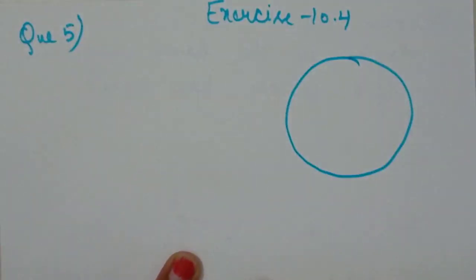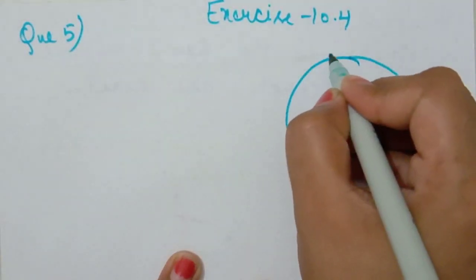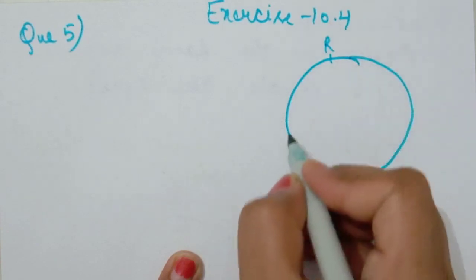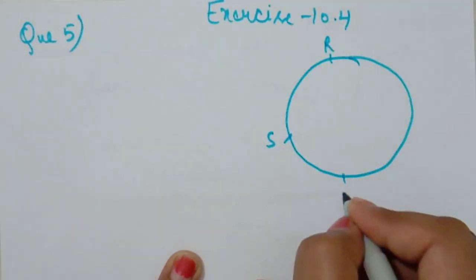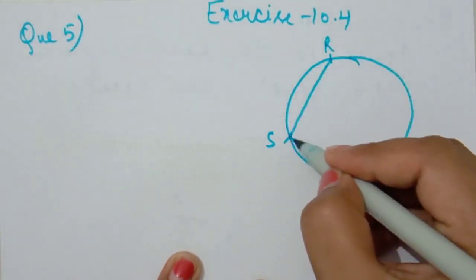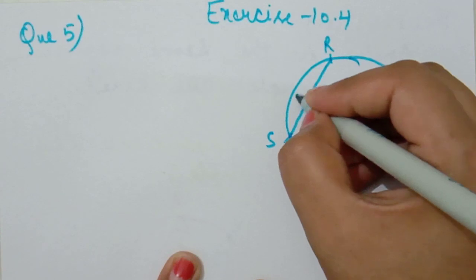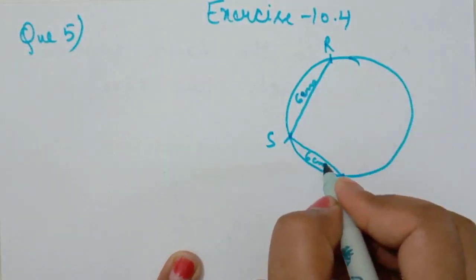This is your circle. Here we have Reshma, Salma and Mandeep. The distance between them is 6 centimeter and it is also 6 centimeter.